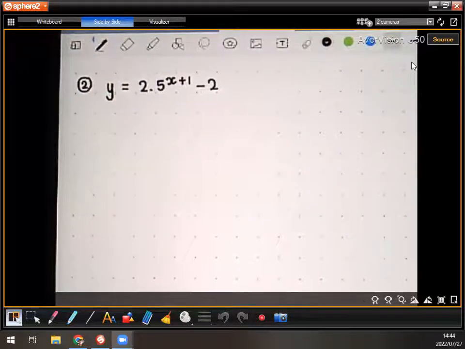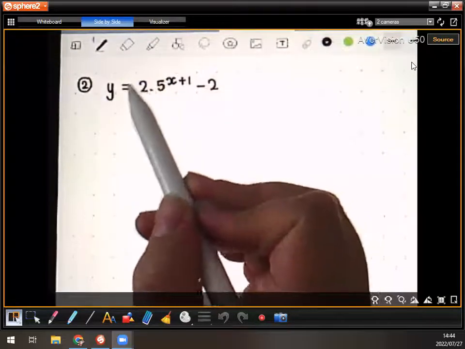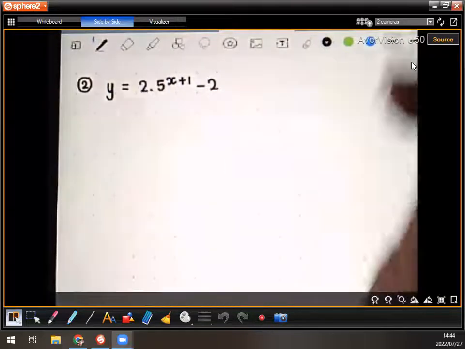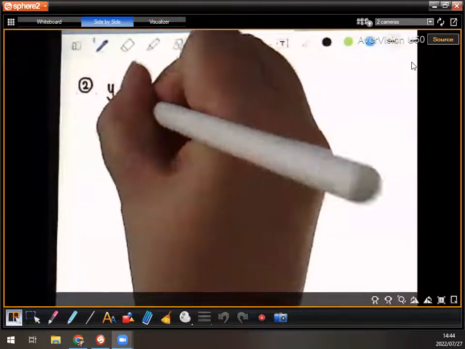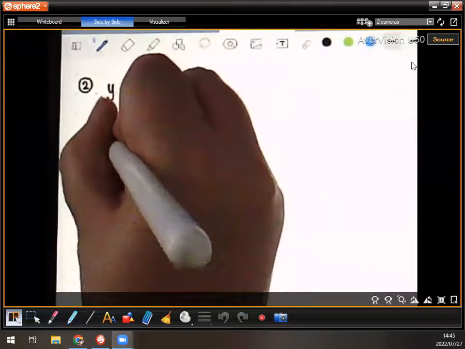Is my A value, remember it's A times B, positive or negative? Positive, right? It's 2, yes? So A is positive, so we know that this graph is going to be above the asymptote.